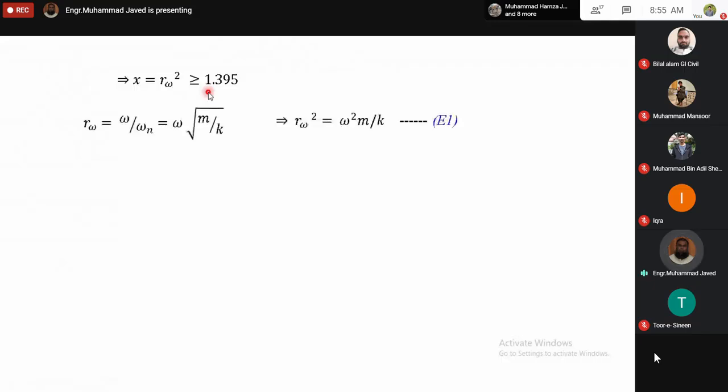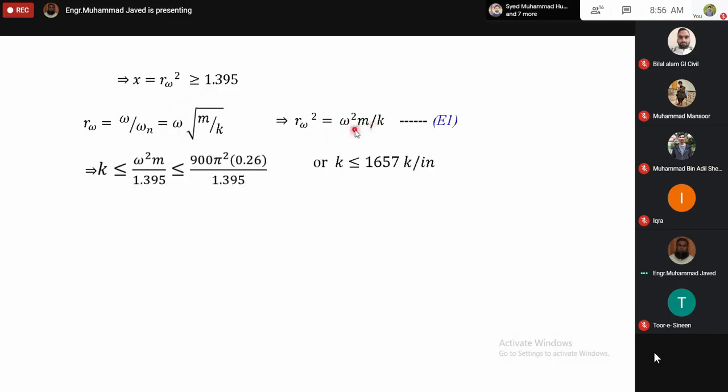Now r omega is omega by omega n. Omega n is square root of k over m. K from this equation can be written as omega square m divided by r omega square, which is 1.395.